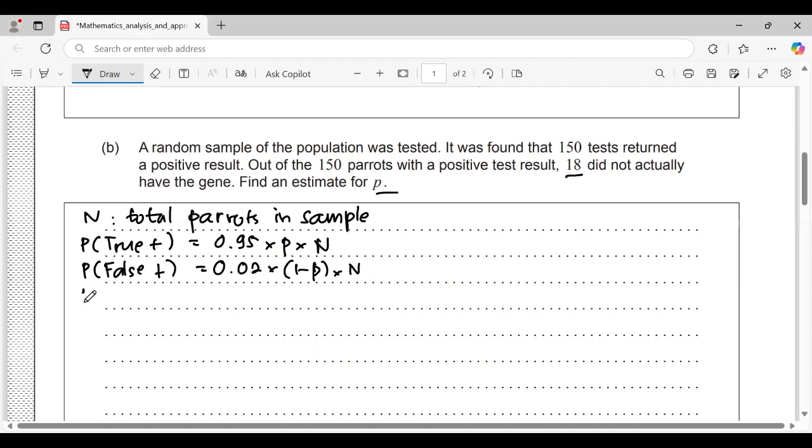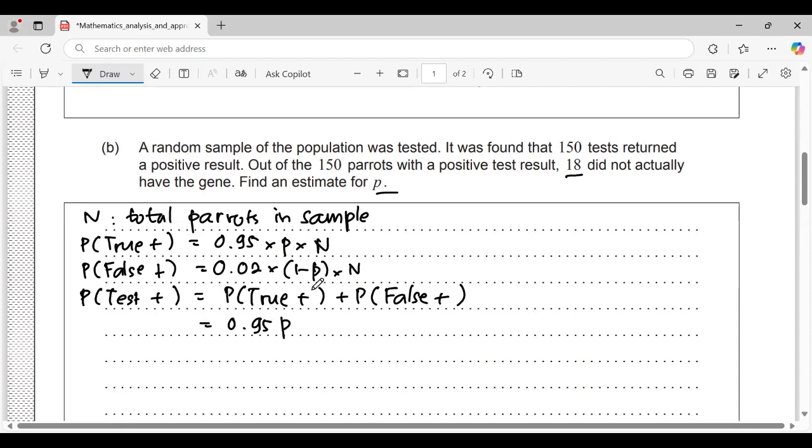Now, the probability of a positive test equals the probability of true positive plus the probability of false positive.